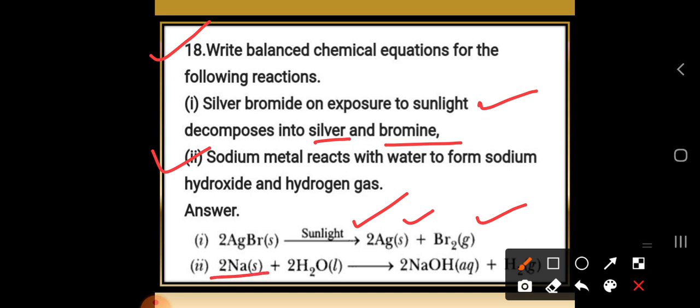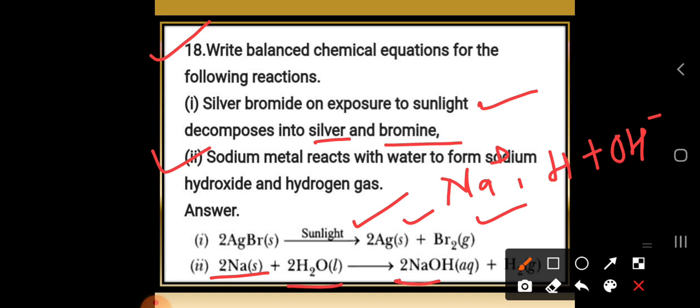Okay, so next question is sodium metal. What is the sodium representation? Sodium reacts with water, that is H2O, to form sodium hydroxide. So dear students, already I have explained in the last class how the mechanism takes place here. Sodium having +1 valency and H2O will be separated as H plus and OH minus.